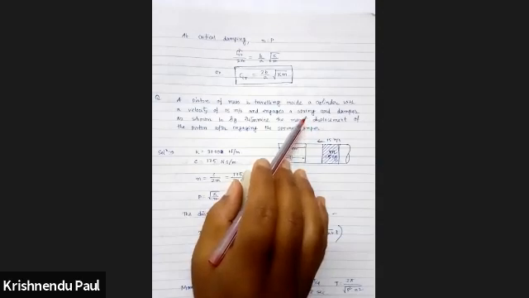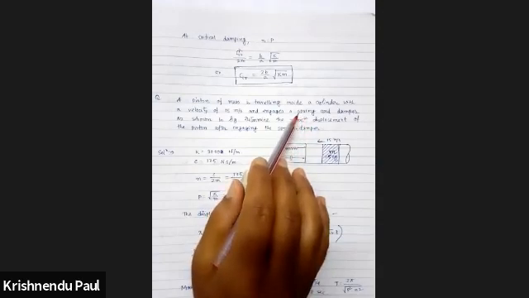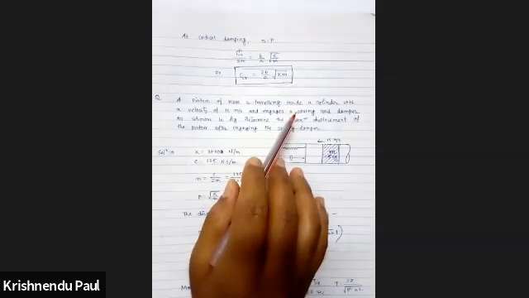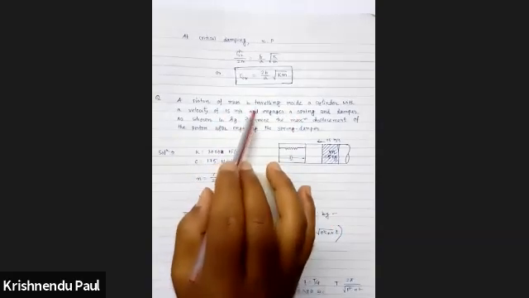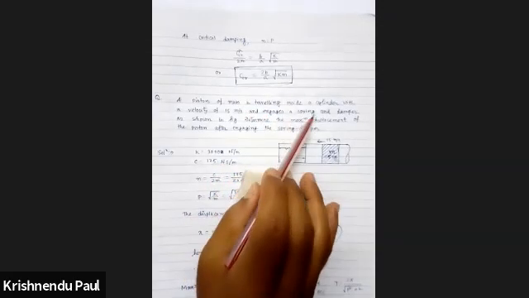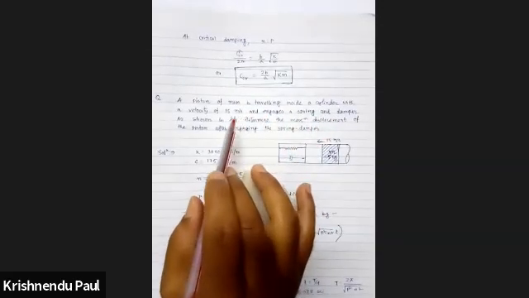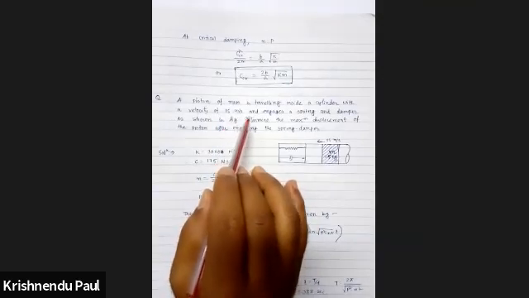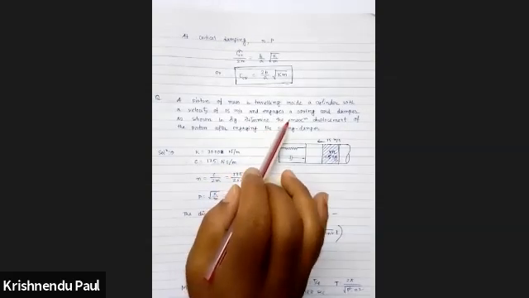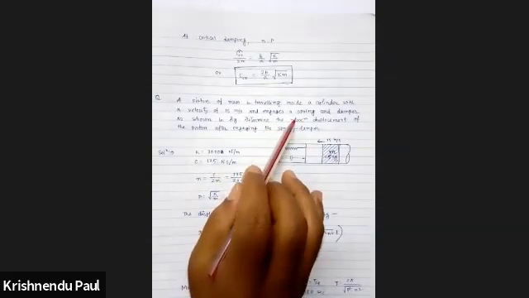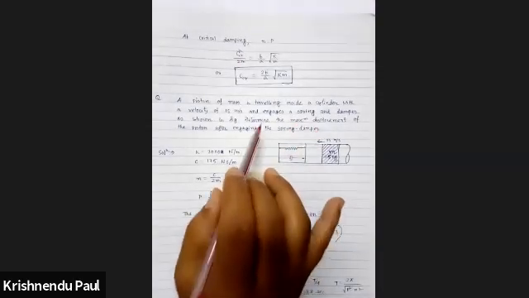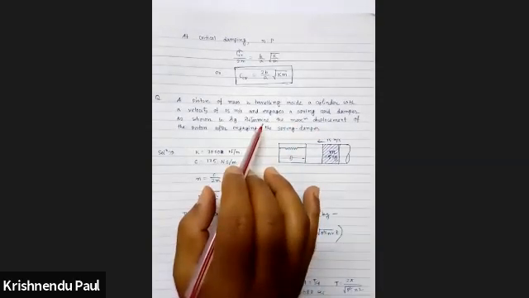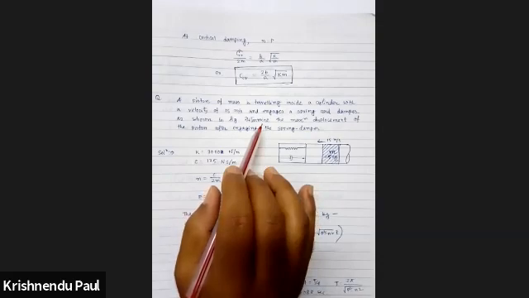A piston of mass m equal to 5 kg is traveling inside a cylinder with a velocity of 15 meter per second and engages a spring and damper as shown in the figure.